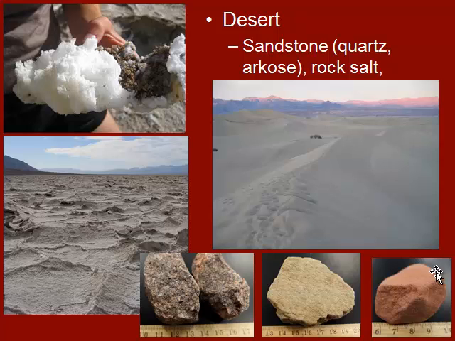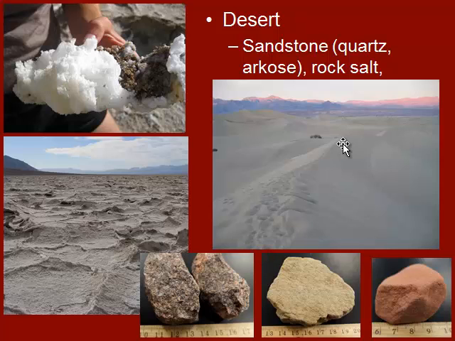We get sandstones that might have a reddish color because we may have oxygen present, and that oxygen oxidizes any iron that might be in that rock. If that sediment is exposed to air, that means oxidation can happen.